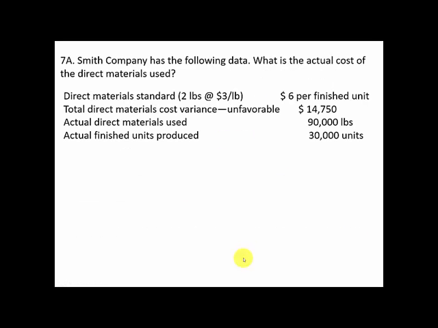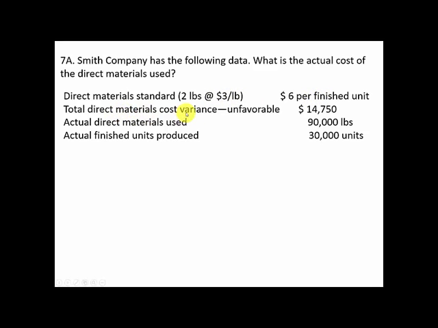Number 7A. Smith Company has the following data. What is the actual cost of direct materials used? So it looks like the standard for direct materials is 2 pounds at $3 per pound. That's the standard, which is a total of $6 per finished unit.